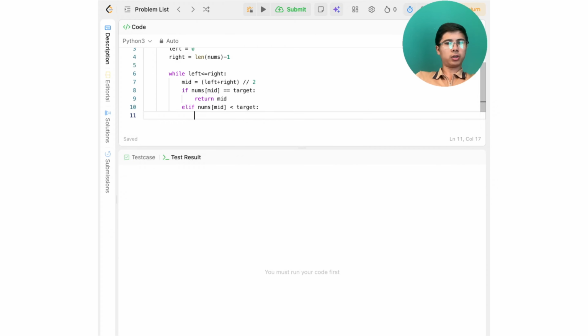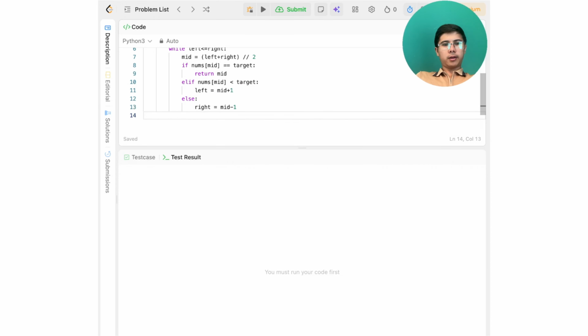This is the main condition: if our middle element is smaller than the target, we need to search only the right half. That's why we write left is equal to middle plus 1. Else, in the other case, we write right is equal to middle minus 1, because it needs to go in the opposite direction.